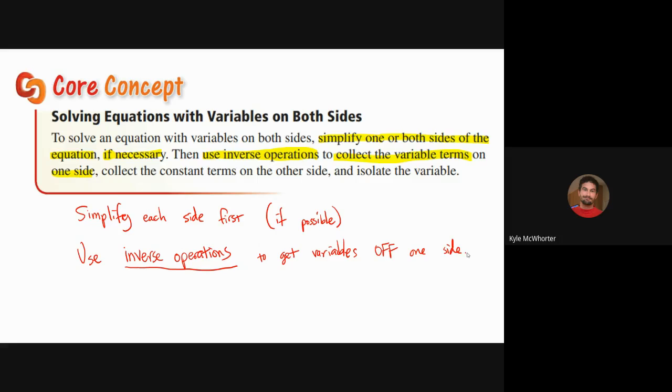Then you'll use inverse operations to get the variables off one side of your equation. And then it's back to normal. You're just going to keep using inverse operations to get the variable by itself.